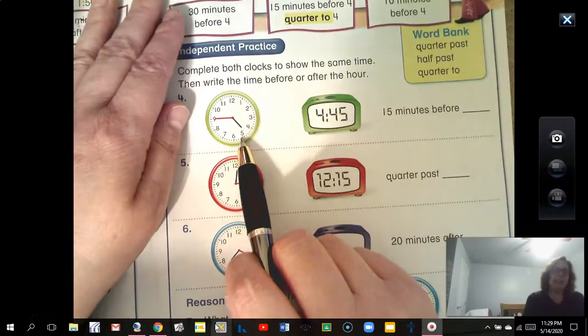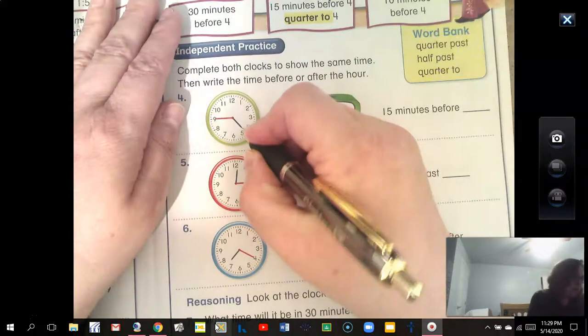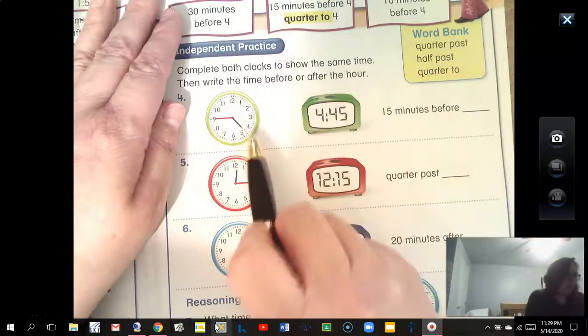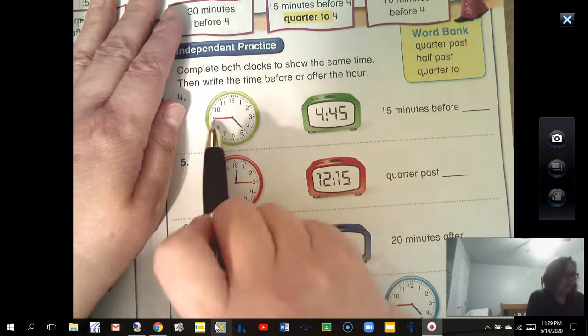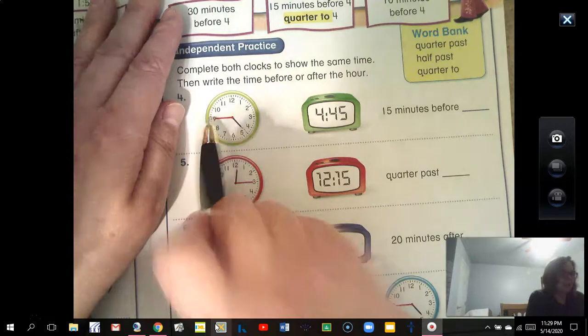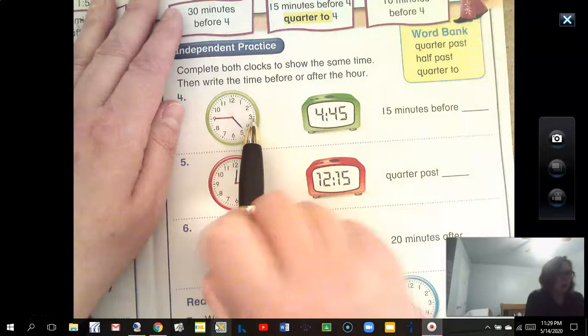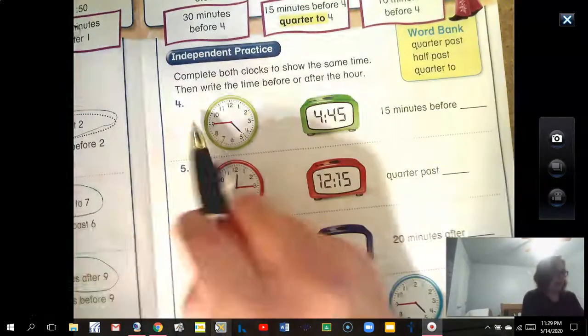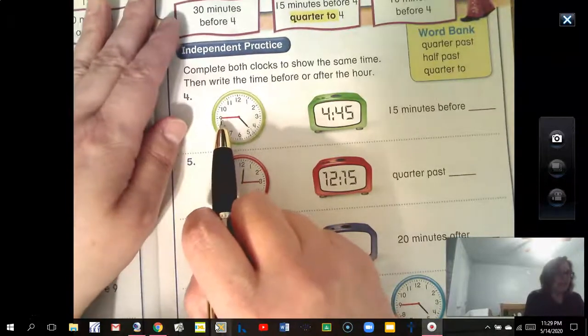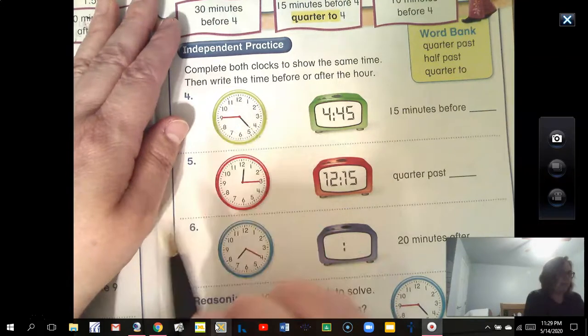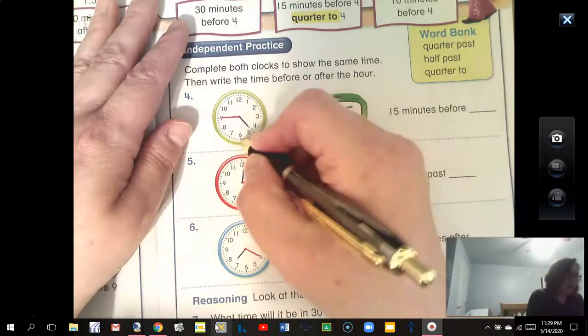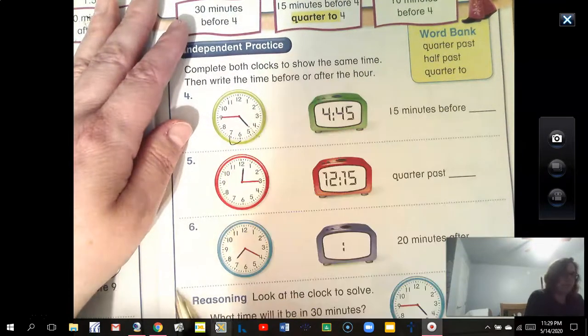Over here, we look at the hour. Between the 4 and the 5, yep, they give you, it's 4. And then over here, oh, look at that minute hand. Remember, when it's on the 3, it's quarter after. And when it's on the 9, it's quarter to. So how many minutes have gone by? This is 30, 35.